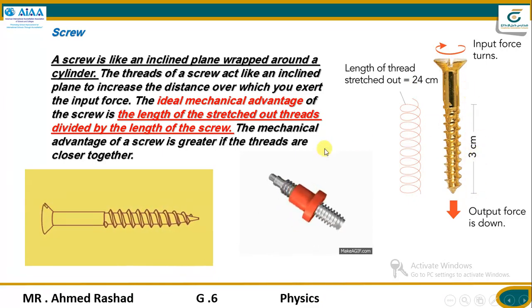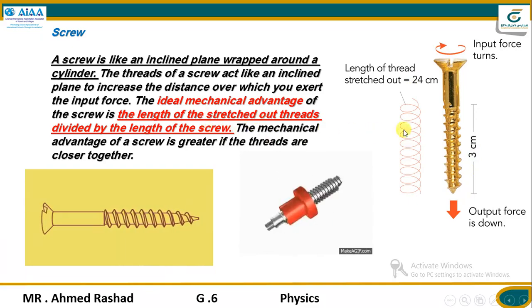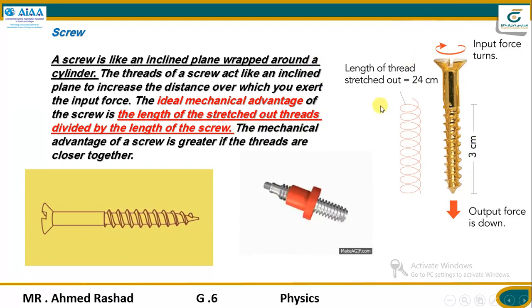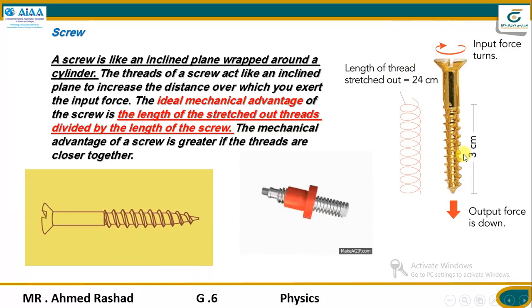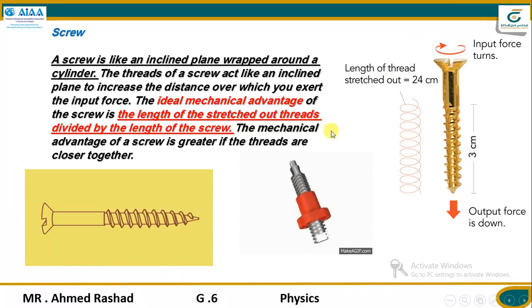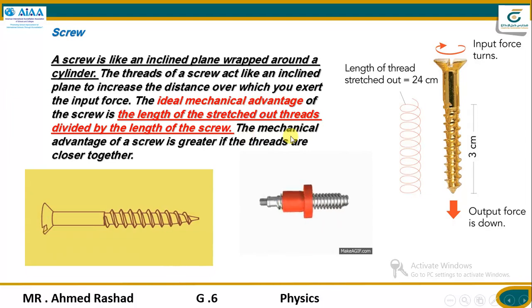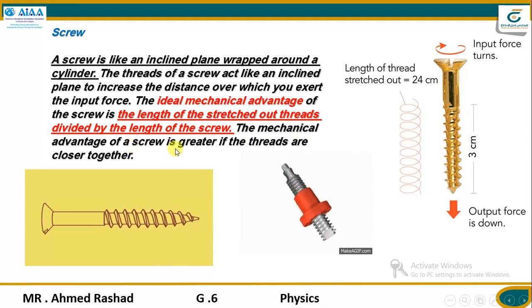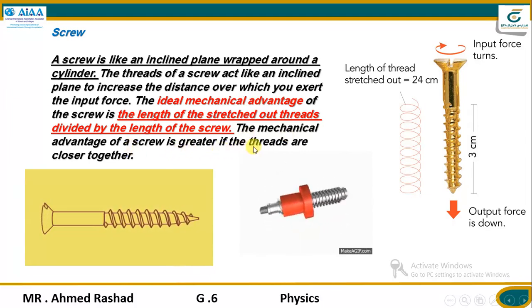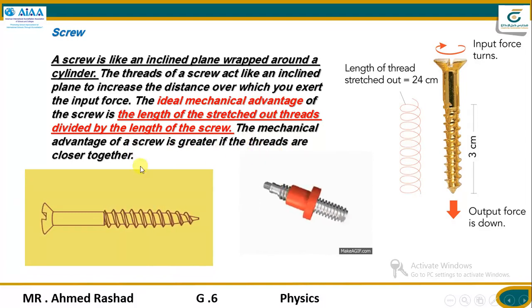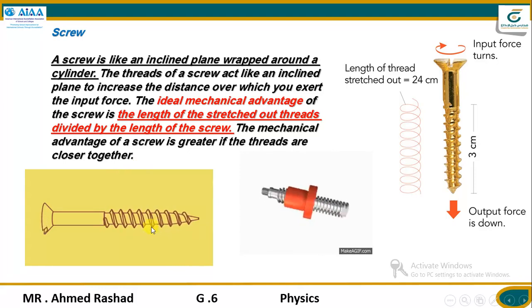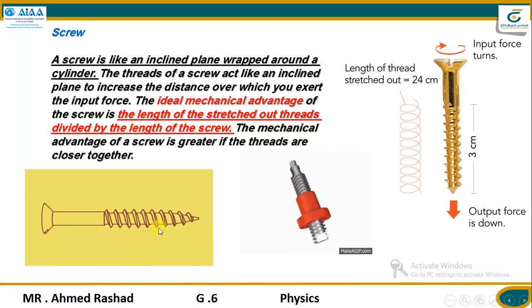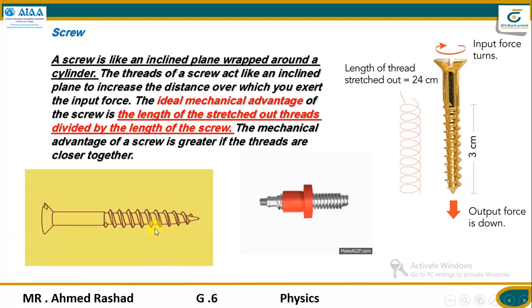So when I divide the length of threads stretched out by the length of the screw, we get the ideal mechanical advantage. And the mechanical advantage in the screw is greater if the threads are closer together. So if the threads are closer together, that makes the mechanical advantage higher or greater.